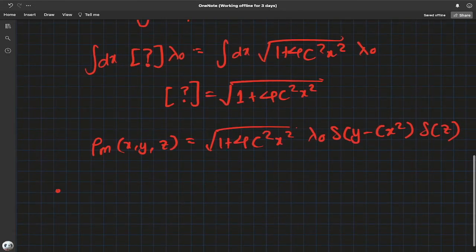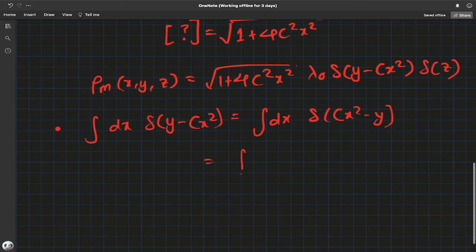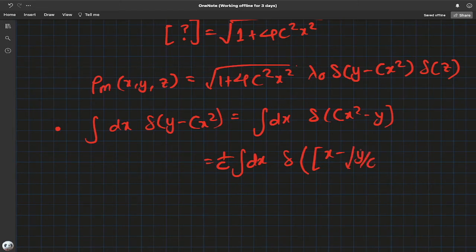Another way of doing it, and this is a really weird, unorthodox method, I prefer the one on top, is basically flipping the argument, because the delta is even, and using the property of the argument times something, you get delta of y minus square root y over c, y plus square root y over c.